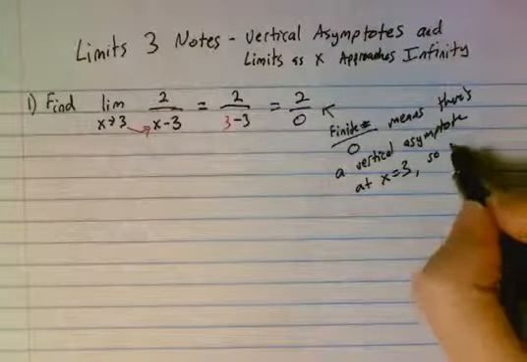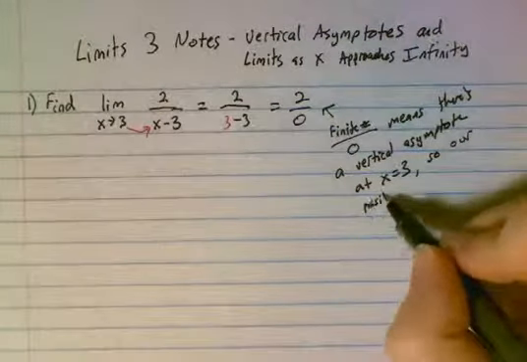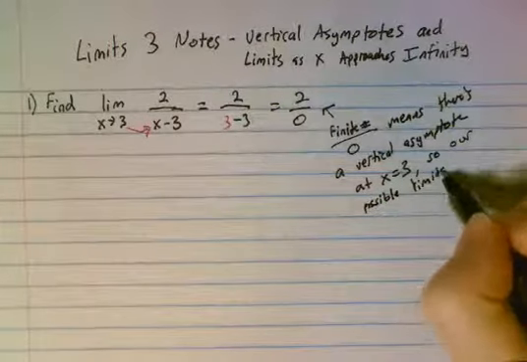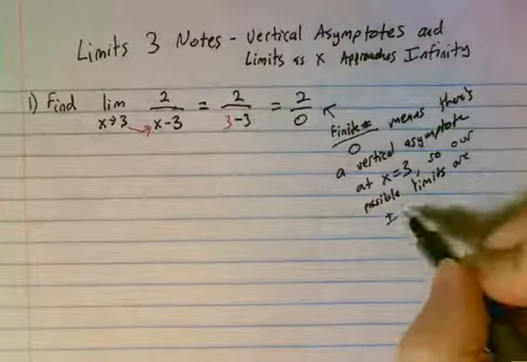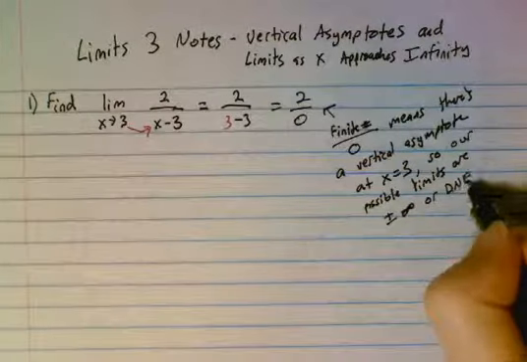So our possible limits are plus or minus infinity, or does not exist.